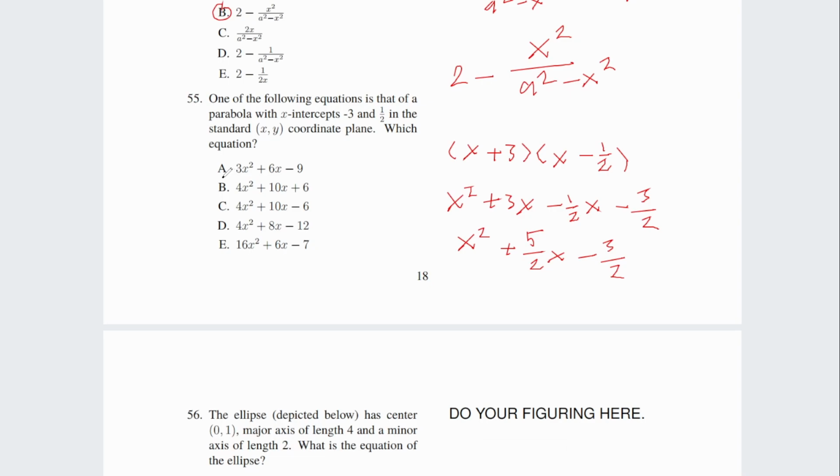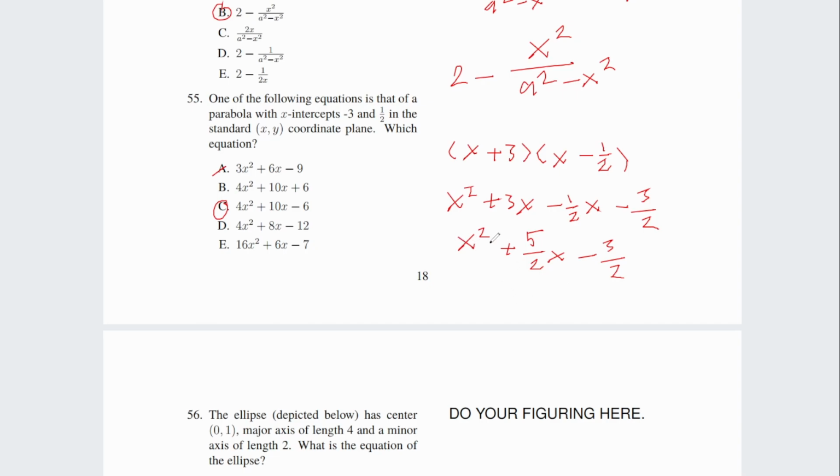And it's also not going to be 3x squared plus 6x, because this would have to be 15 over 2, or 7.5x. So we can remove A. 4x squared plus 10x minus 6 seems on the right track. 4x squared plus 20 over 2 x, or 10x, okay, good, minus 12 over 2, or minus 6. So C is the correct answer.